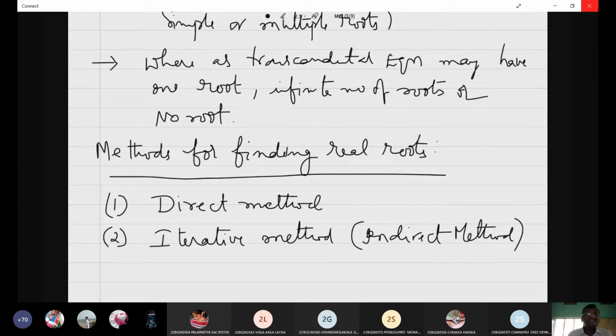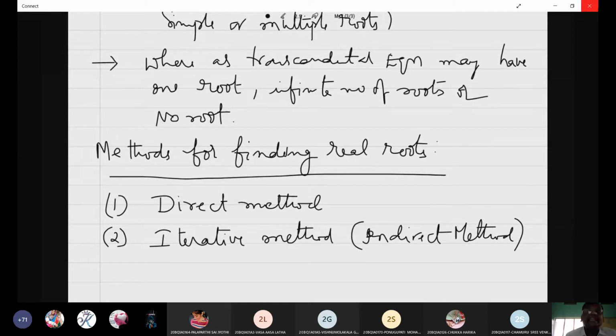We have only two methods. One is the direct method, which we already used in the lower classes. That is the formula that she told earlier: x equals minus b plus or minus square root of b square minus 4ac by 2a. If a cubic polynomial comes, then we have to use Horner's method or different types of methods to find the real roots of that equation. That type of method is known as a direct method.